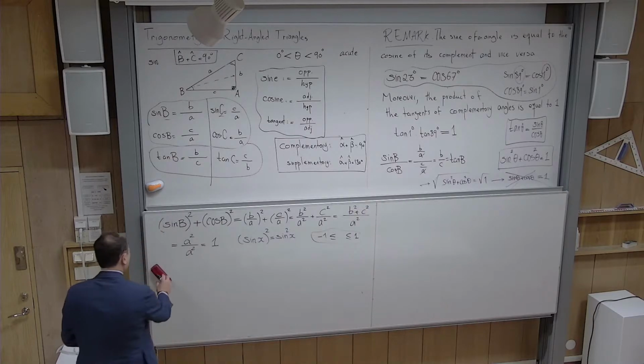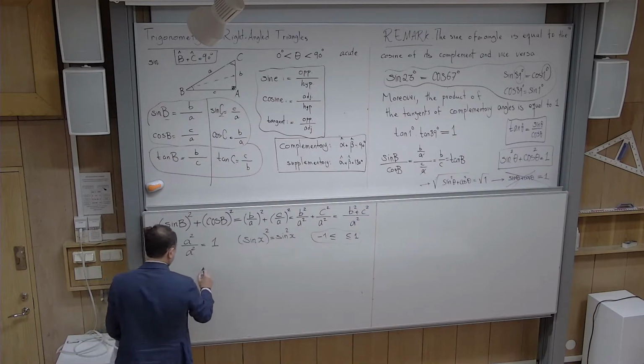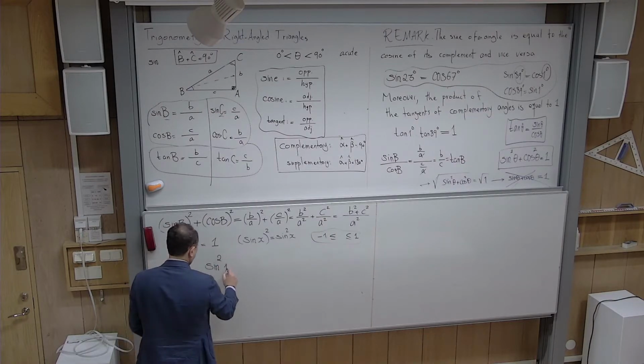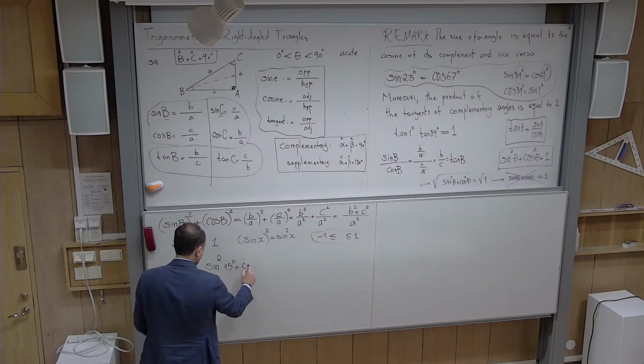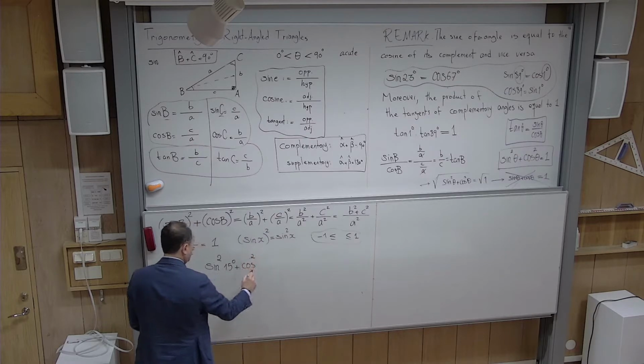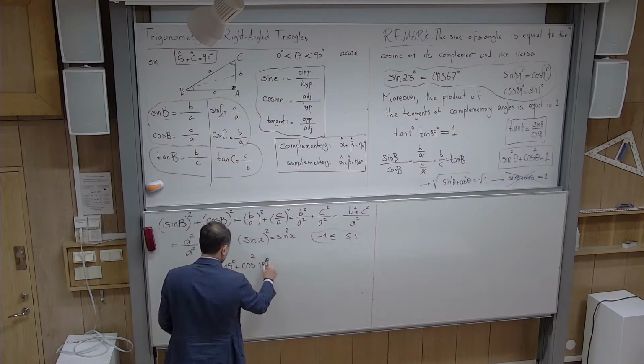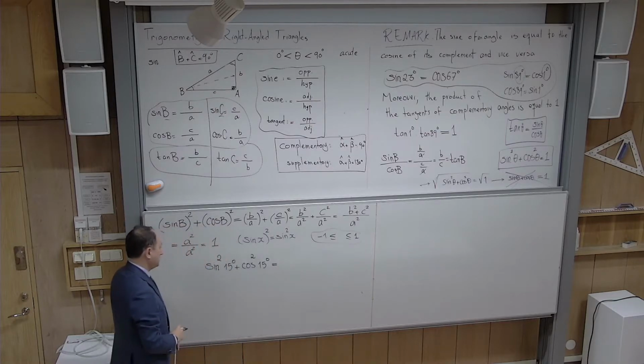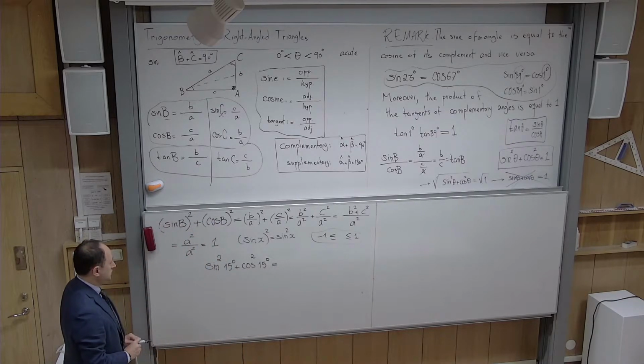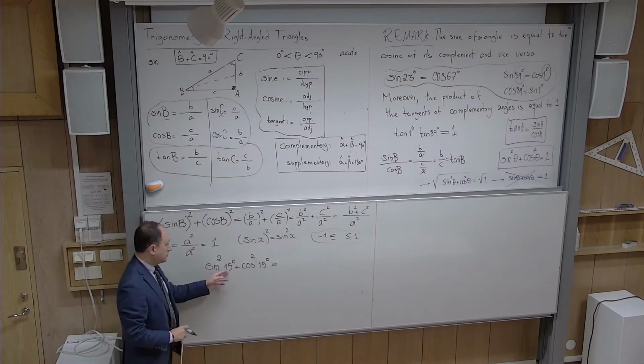Okay, let me ask you one question. So what do you think the answer to this is? Sine squared of 15 degrees plus cosine squared of 15 degrees. Can I say something about this combination? What is this? 1. It's exactly 1. Do I know what the value of sine of 15 is?